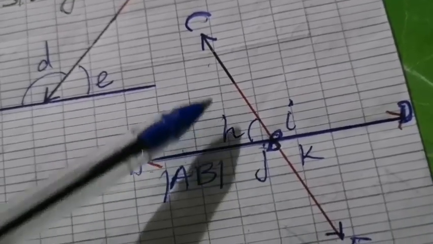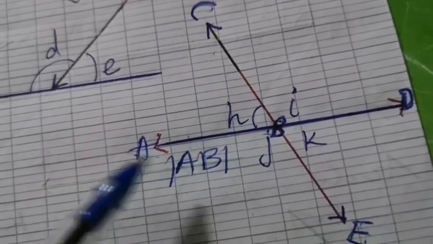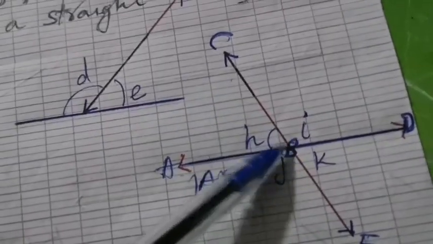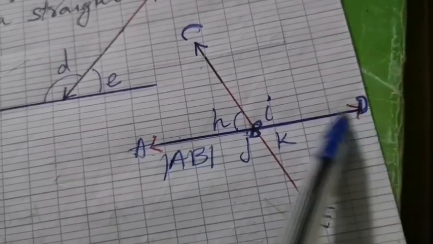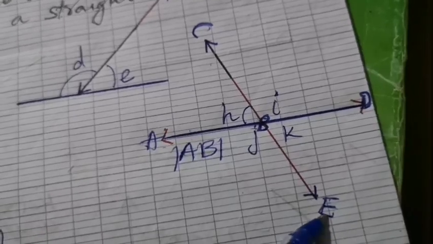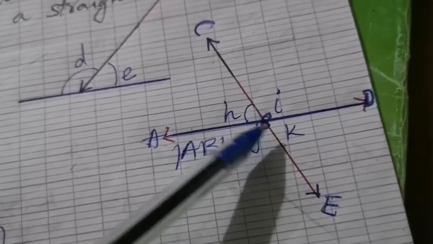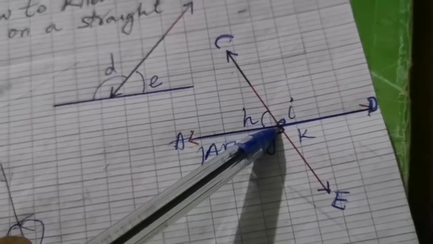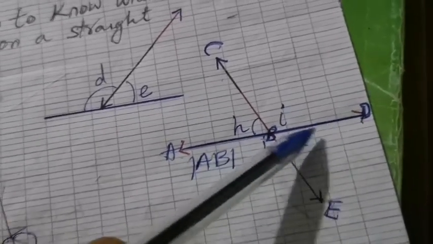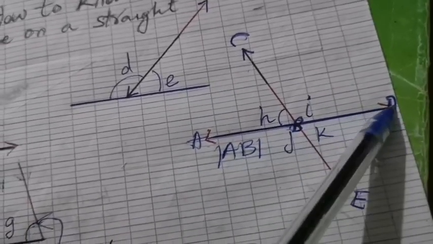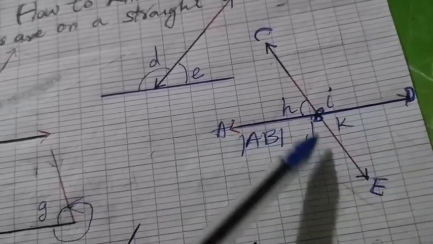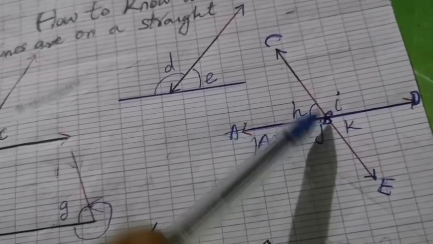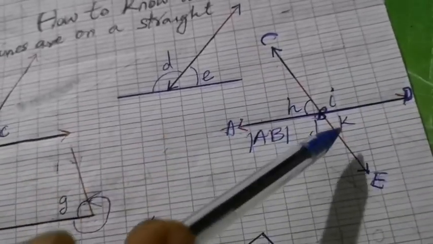Remember, we have split these lines now. So we now have line AB, line CB, line DB, and line EB, and all of them meet at this point here. Since we have taken these lines to be different lines, BD, BE, BA, BC, all these lines meet here.